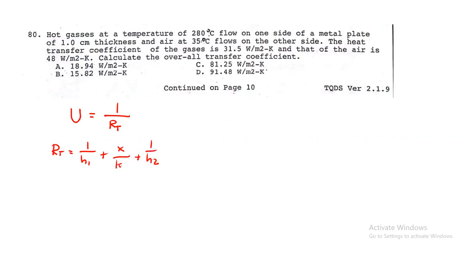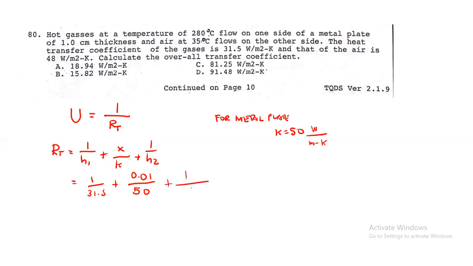So wala tayong given na K for metal plate. So for metal plate, ang gamitin natin K is equals to 50. So it is equal to 1 over H1 na 31.5 plus X is 0.01. So 1 cm, magiging 0.01 meter, divided by 50 na watt per meter Kelvin, plus 1 over H2. So ang H2 natin is 48.